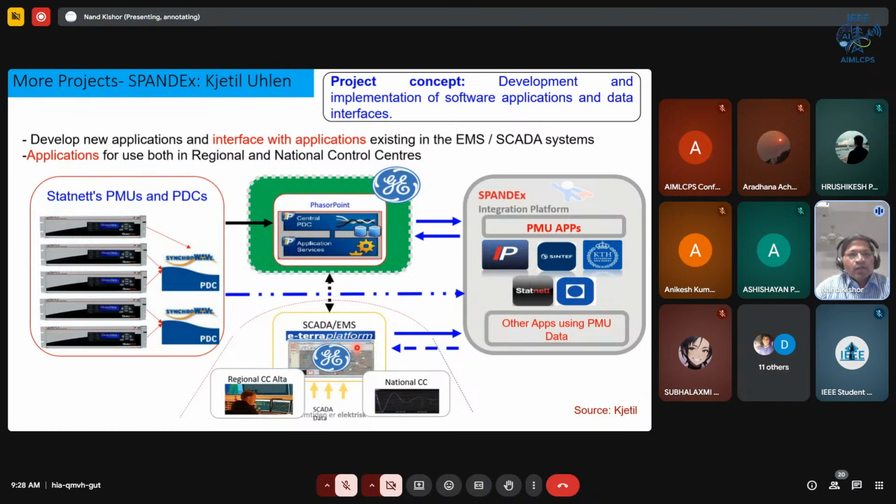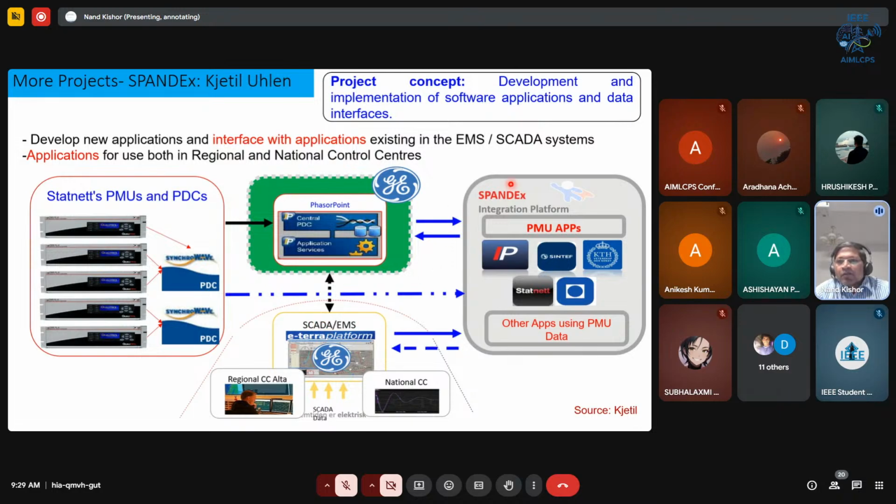And then there is another project, SPANDEX. It was the concept of demonstration, development, and implementation of software applications and interfaces. We used the PMUs from the Statnett TSOs, and then again using the PDCs, that also included some low resolution signals, the SCADA.